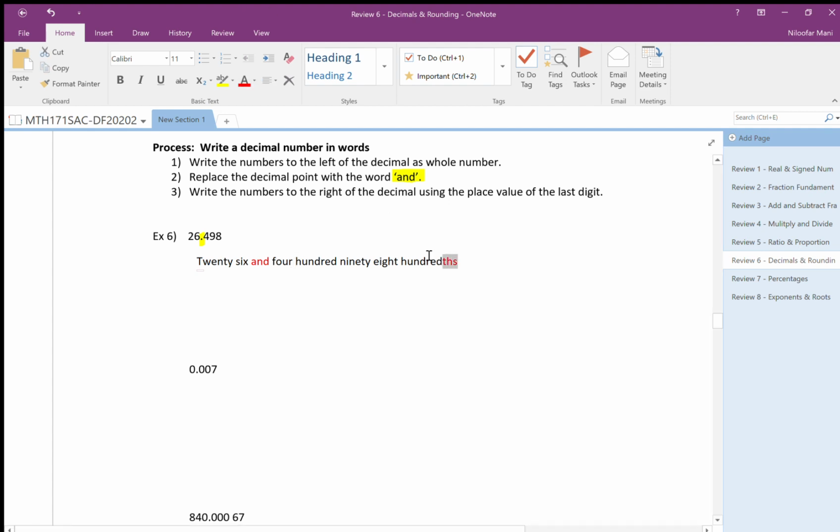Okay, so write the number to the left of the decimal as a whole number. Yes, we did it as a whole number.